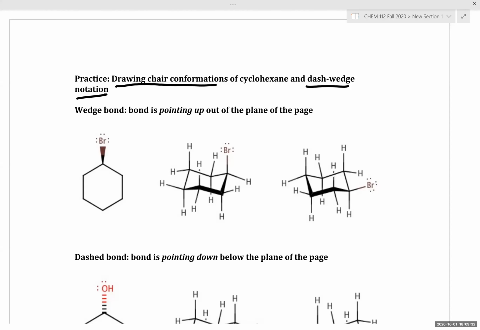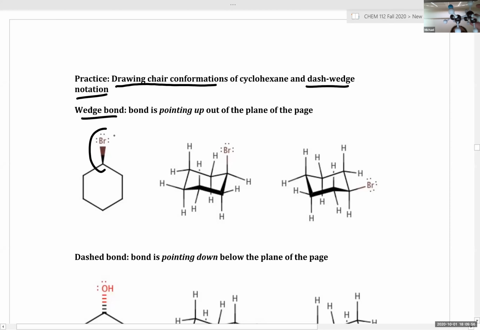So how does dash-wedge notation work? Here is a chair conformation of a cyclohexane ring. When we have a wedge bond, such as shown here, that's telling us the bond is pointing up out of the plane of the page.